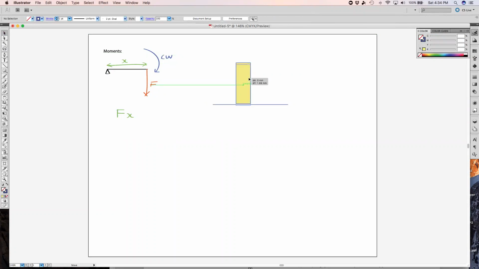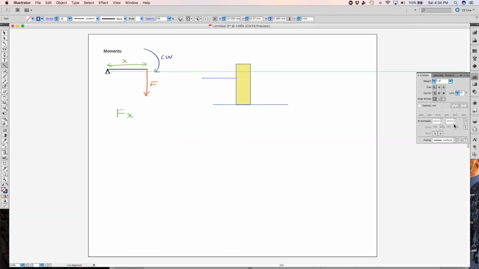If we exerted a force on this object, anywhere, like let's say here, this force will have a turning effect. And clearly, that turning effect is going to turn this thing in a clockwise direction, just like this is clockwise.